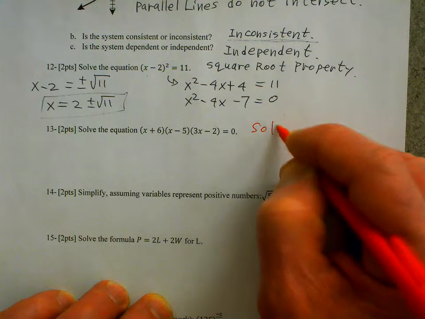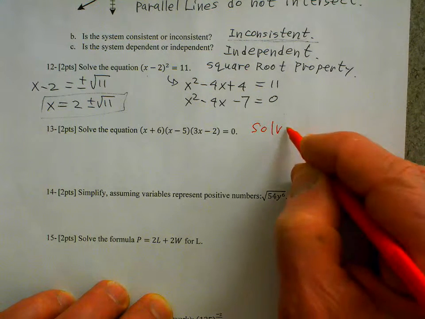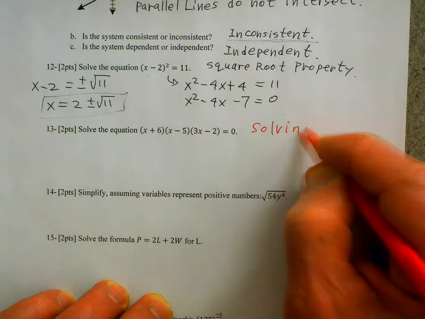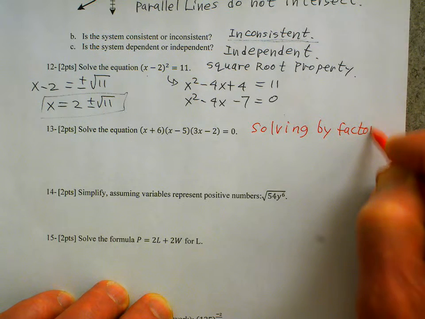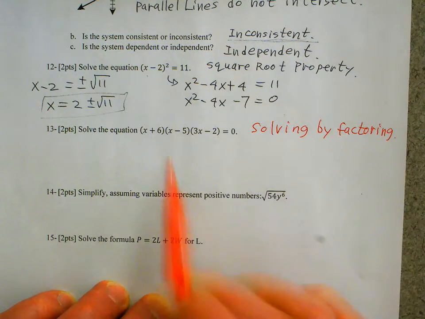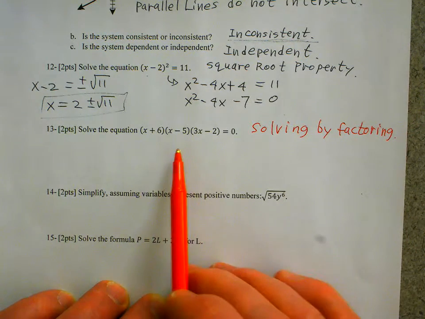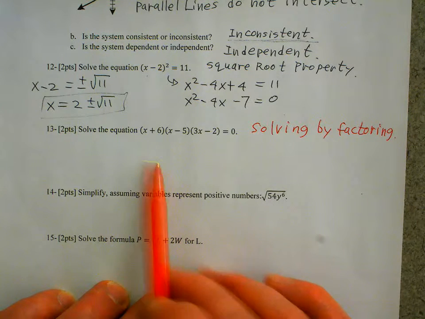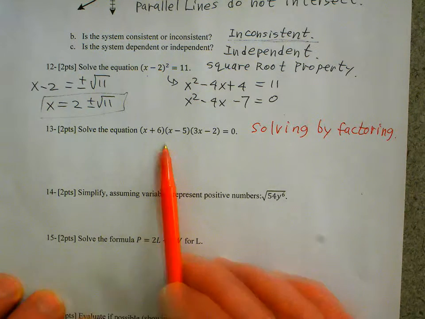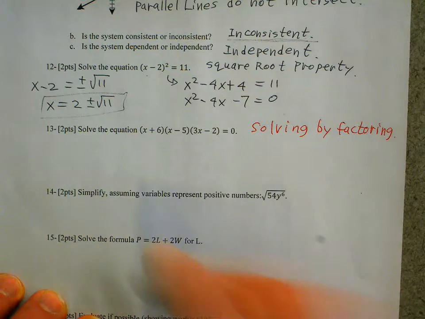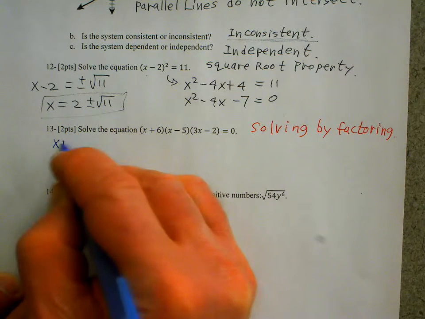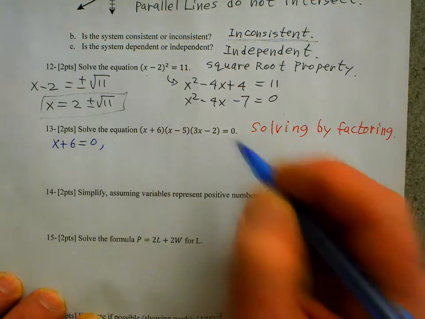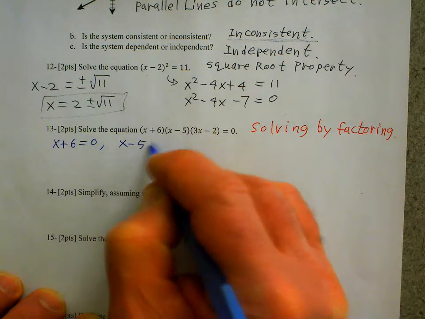So if we continue the process of solving by factoring, if we multiplied those out, we would then have to factor it, but it's already factored. So what we do is we set each factor equal to 0, and then solve each of those equations.